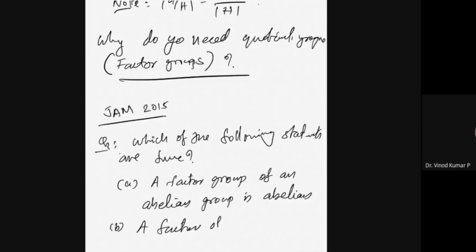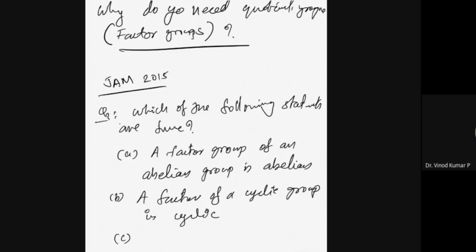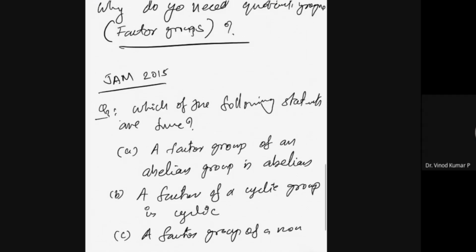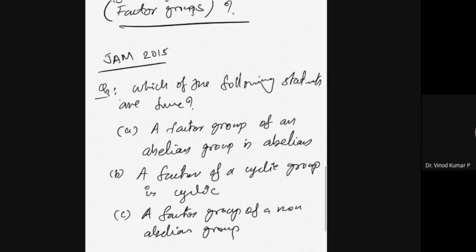A factor group of a cyclic group is cyclic. A factor group of a non-abelian group is non-abelian.